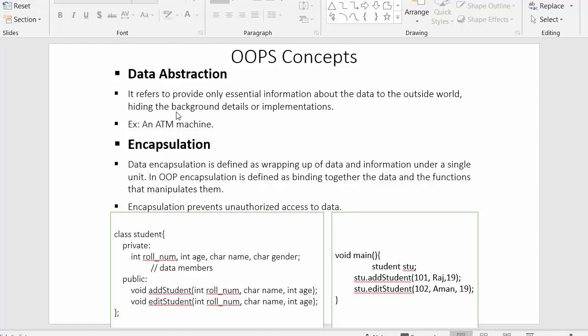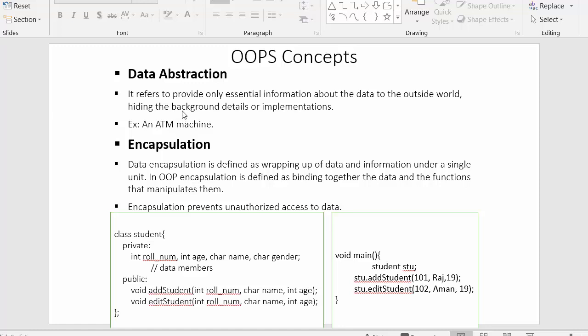No need to provide the user unwanted information. Once your program has been developed, it should not provide unwanted information to the user. It should provide only that much of information which that user requires.